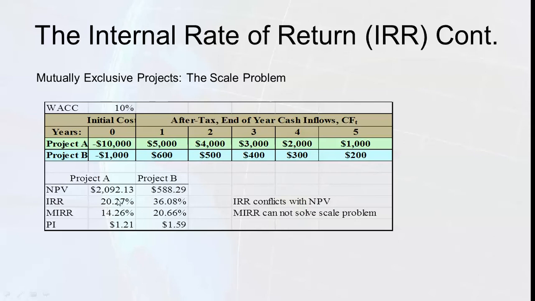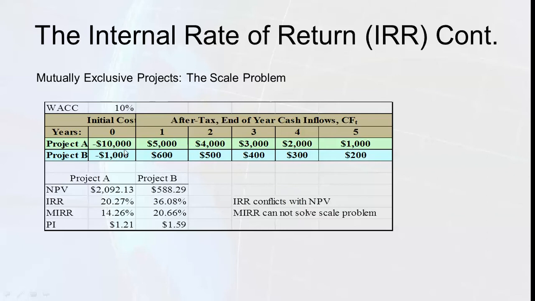If you find NPV, project A is going to have $2,092.13 NPV, while project B is going to have $582.29.